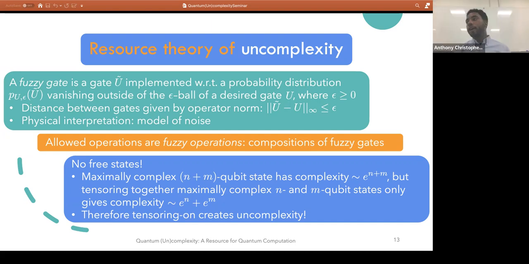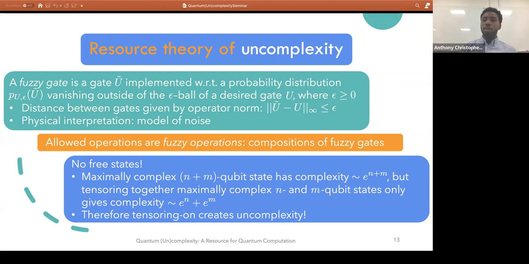This argument is given in a couple of papers. One is the Brown and Susskind paper I mentioned before, and there are also some lectures by Susskind. Even in the one clean qubit model of computation, I should say generally, even if you tensor on a maximally mixed state, you will still create uncomplexity.